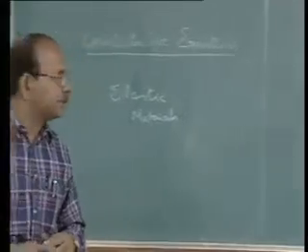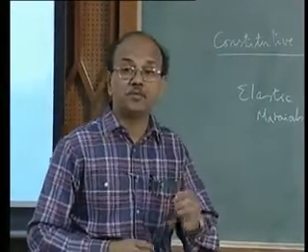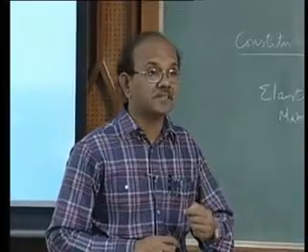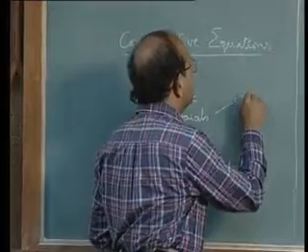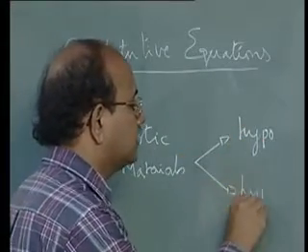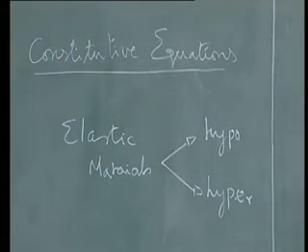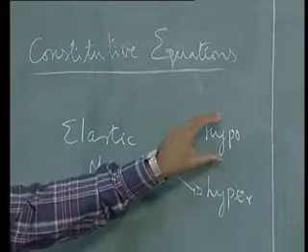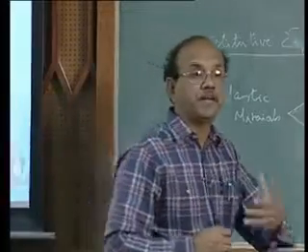Now let's see how we are going to define. We are going to say that the elastic materials can be represented, note this carefully, by means of two different formulations or two different schools of thoughts. One is called hypoelastic and the other hyperelastic. The first thing you have to notice is that hypoelastic materials are not something separate from elastic materials.